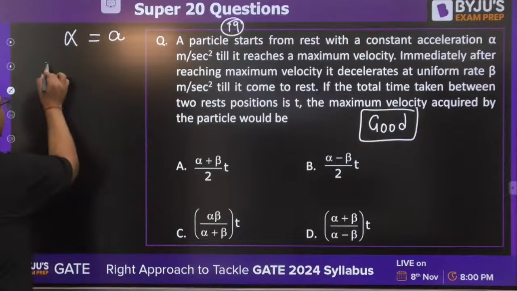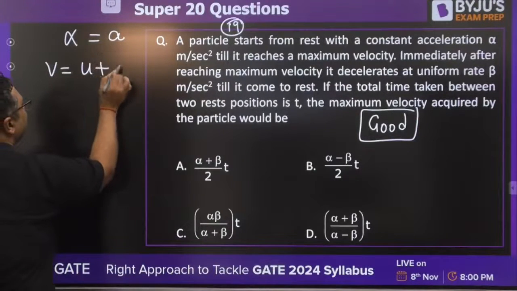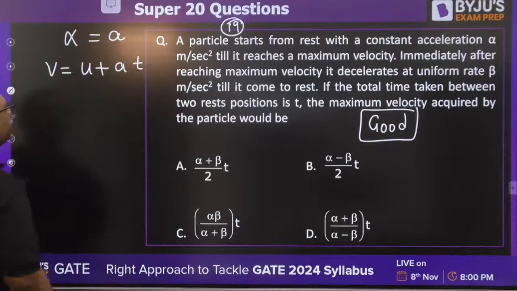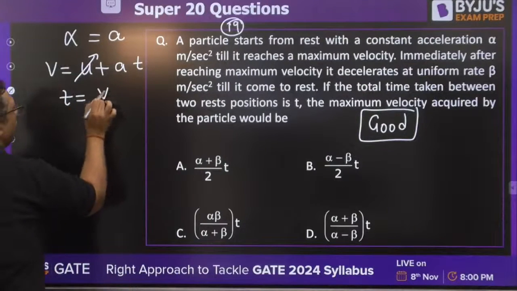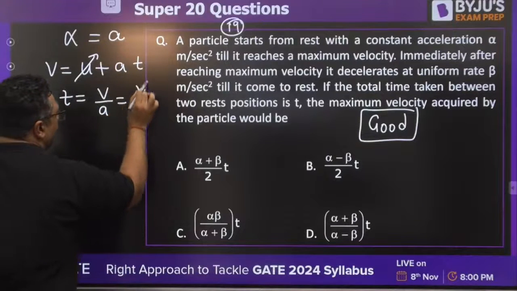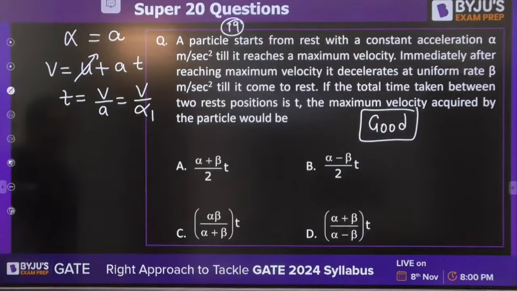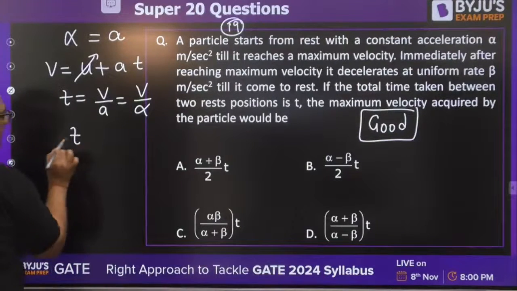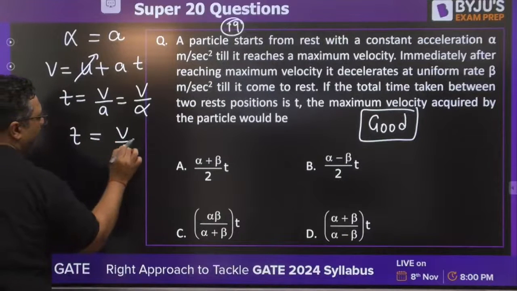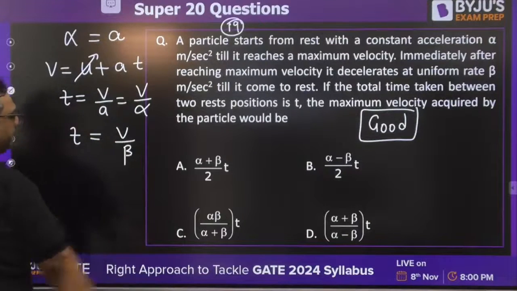So you know that the equation is v is equal to u plus at. Initially velocity is 0. So you can write t to be v upon a, which will give you v upon alpha, the first time. In the same way you can find out the second time, it is v by beta.